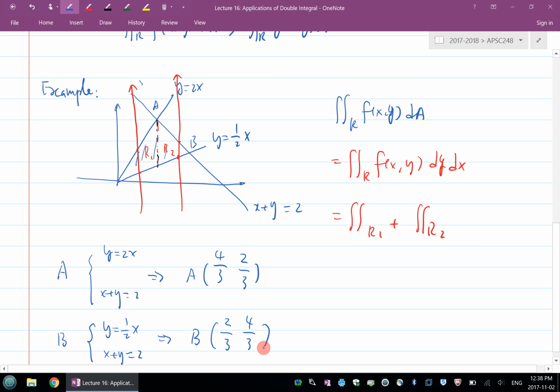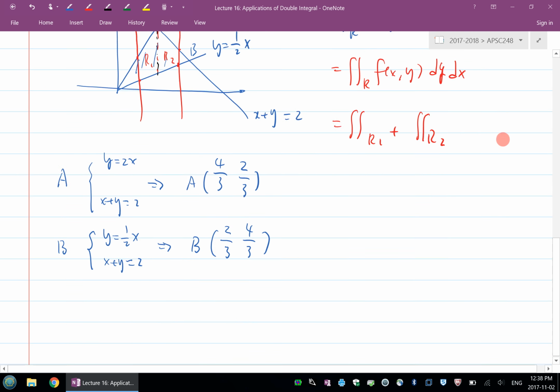Okay, so now let's try to find the limits. Basically, we deal with each of the integrals separately. Deal with R1 first, and then deal with R2.